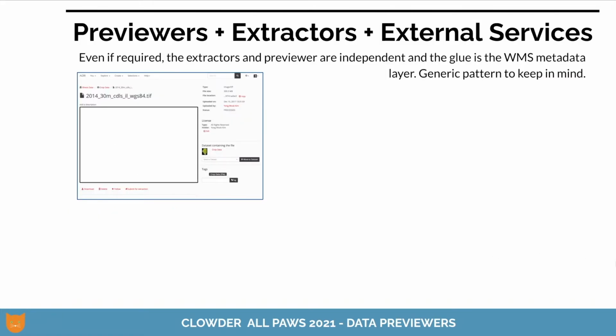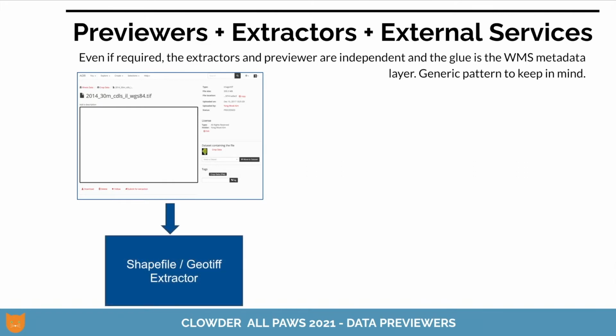Similar to the person tracking previewer, previewers and extractors can work together with external services to perform even more complex analysis of the domain data. One such example of this is the way that the geospatial previewers work. When these extractors are configured, a GeoTIFF image or shapefile uploaded to Clowder will trigger an extractor.